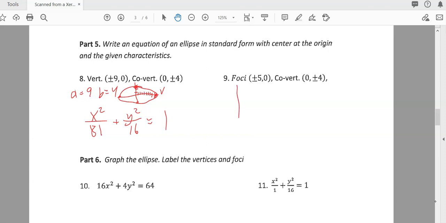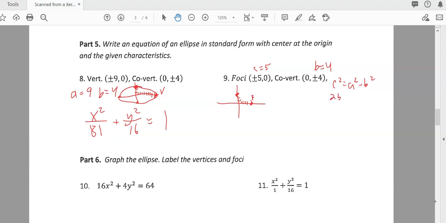This one, again, I just like to sketch it. So 5, 0, 1, 2, 3, 4, 5. That's the focus. The co-vertices, 1, 2, 3, 4. So I know that b equals 4. I know that c equals 5. You need that formula, c squared, I think for ellipses, equals a squared minus b squared.